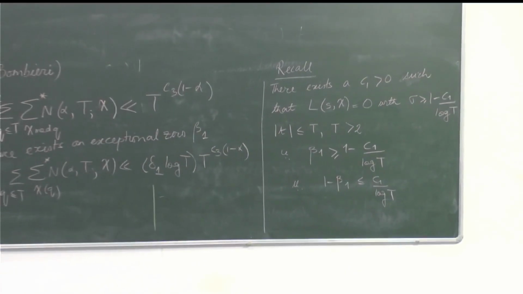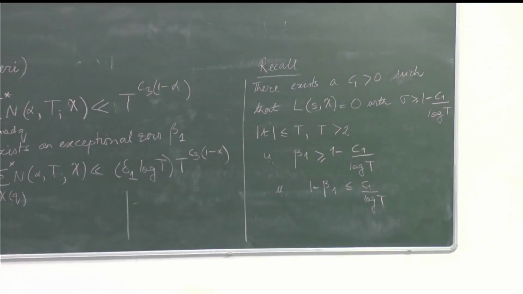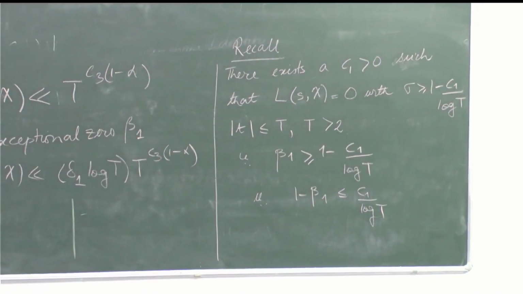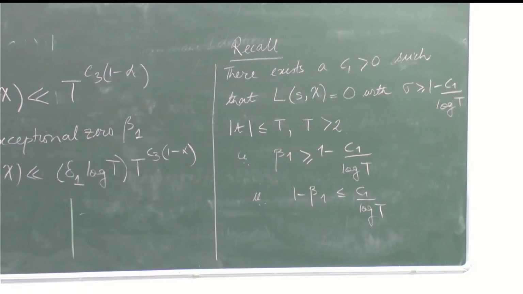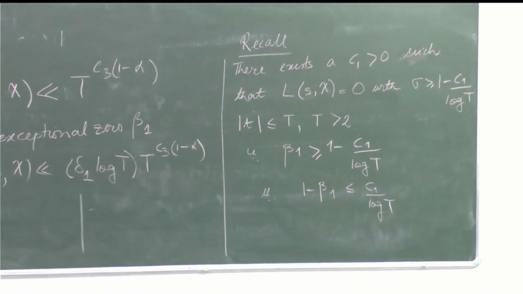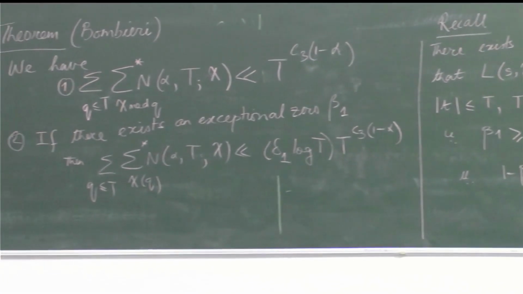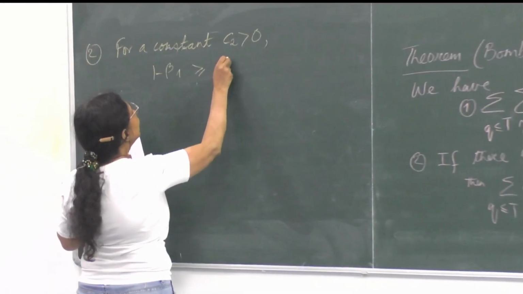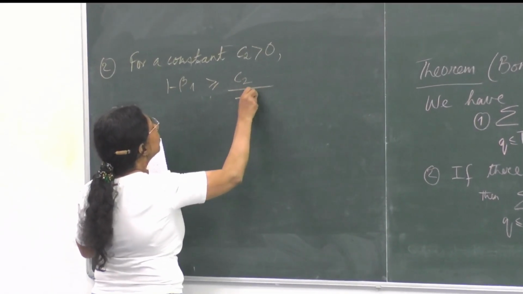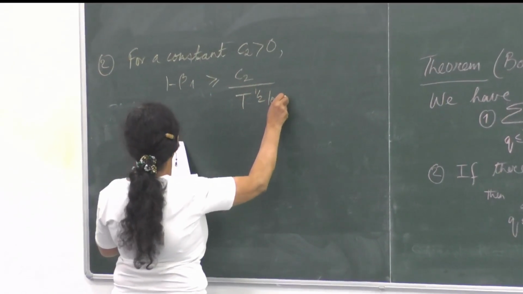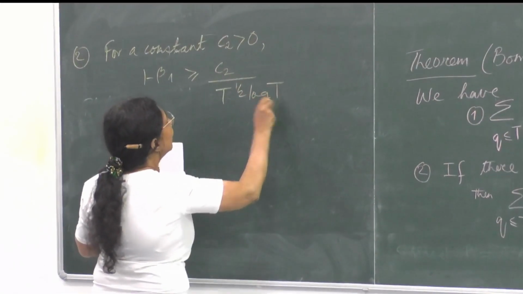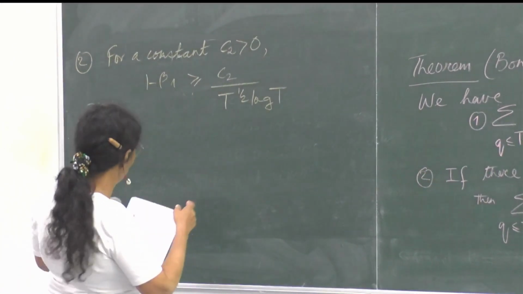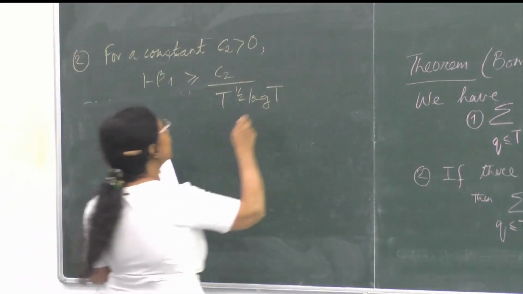You have a C1 and then there's a C2. So for a constant positive C2, 1 minus beta 1 is greater than or equal to C2 T to the power half log T, where C1 and C2 are both effective and computable constants.